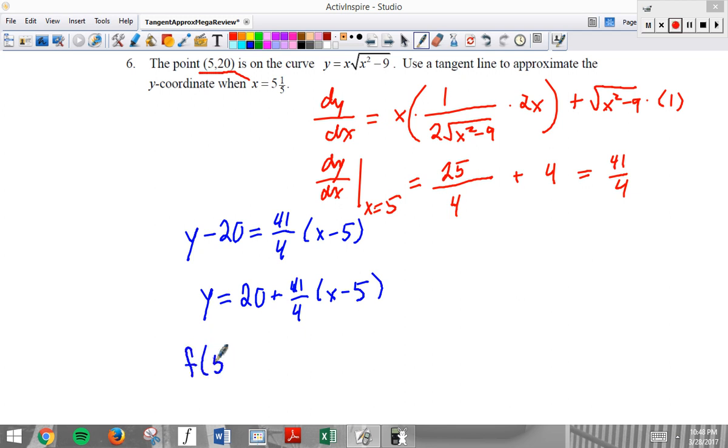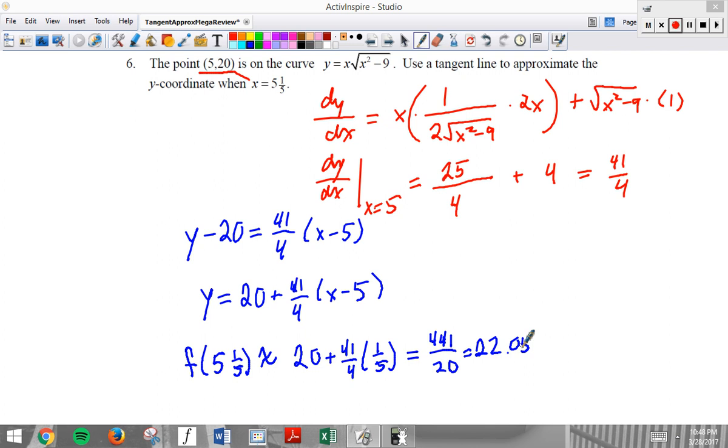f of 5 and 1/5 is approximately 20 plus 41 fourths times 5 and 1/5 minus 5, which is 1/5. That's 20 plus 41 twentieths, 441 twentieths. I'm just having fun at this point. It's like 22.05.